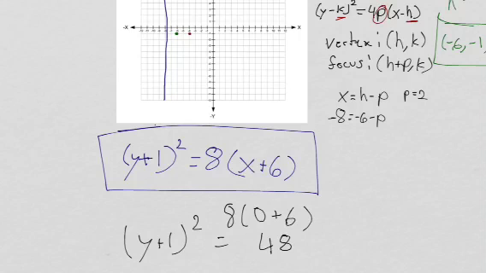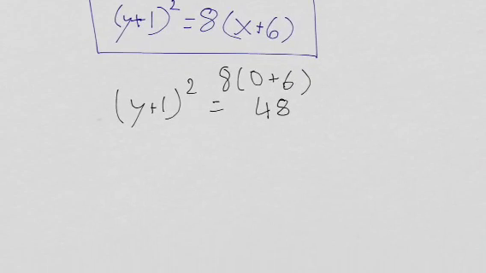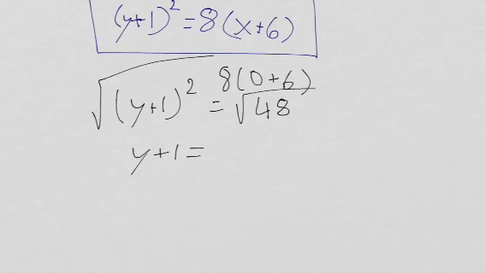So we can solve down here for y by finding the square root of both sides. And that'll give us y plus 1 is equal to plus or minus root 48.